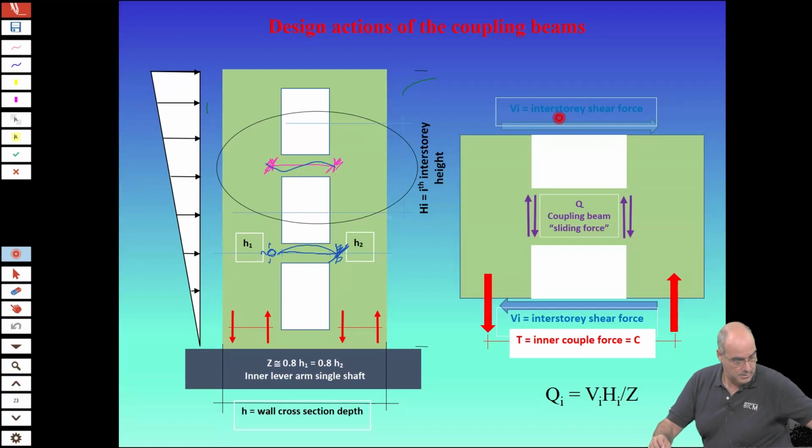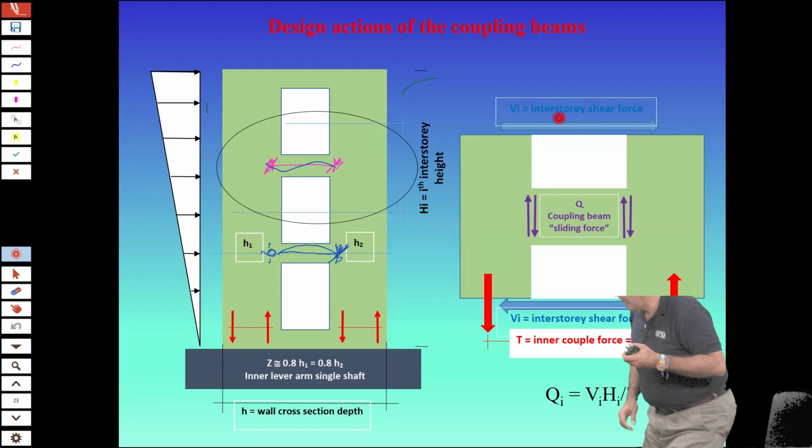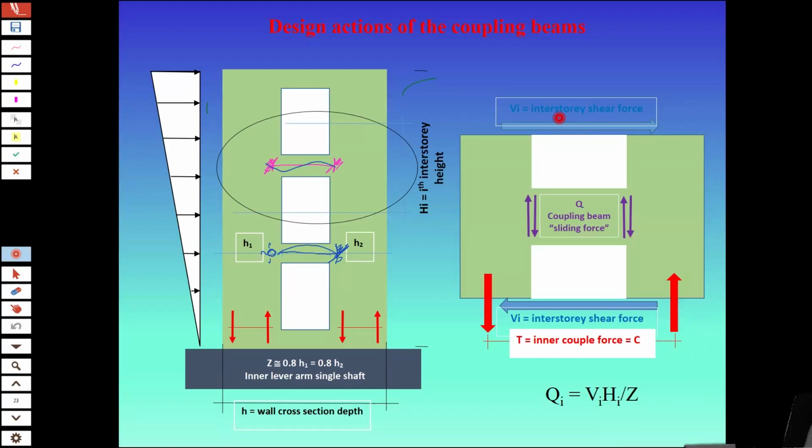Okay. You will have an interstory shear force here and an interstory shear force here. So these two interstory shear forces, V_i, give you a moment which is V_i times the interstory height.